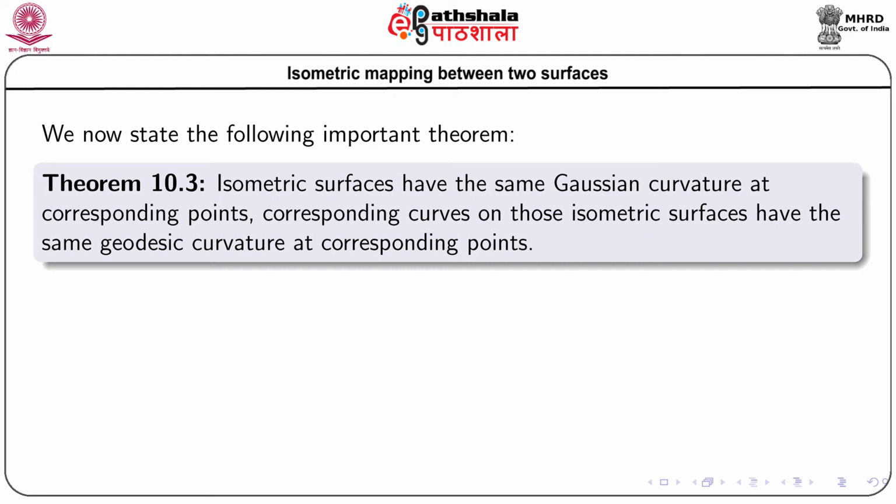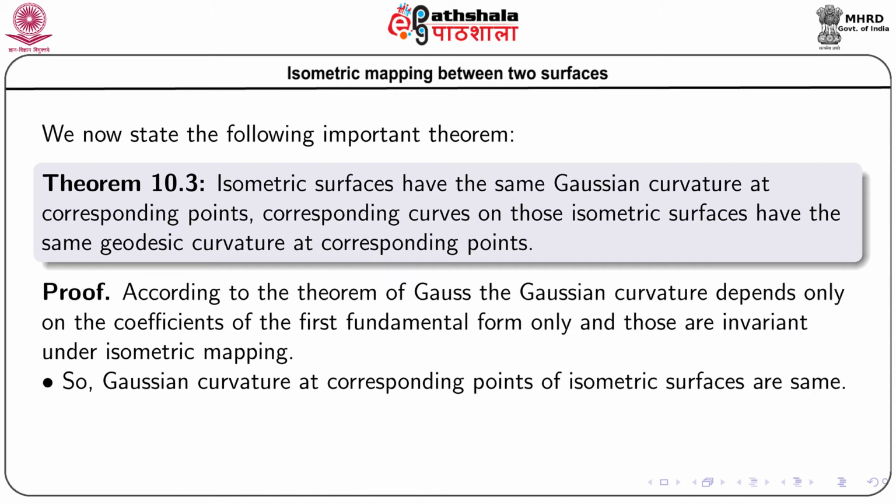and it follows easily from theorema egregium of Gauss, which was proved earlier in chapter 9, that according to the theorem of Gauss, the Gaussian curvature depends only on the coefficients of the first fundamental form, and which are invariant under isometric mapping. Just we have seen that they are invariant under isometric mapping.